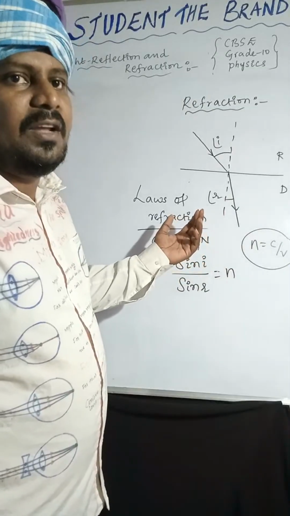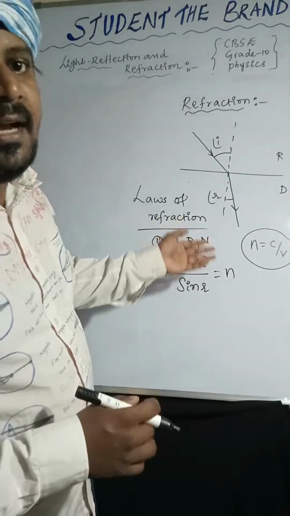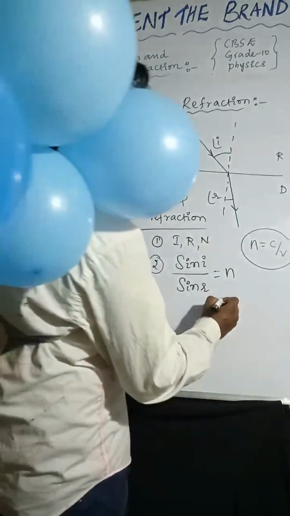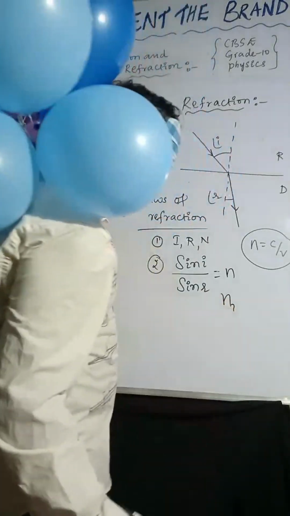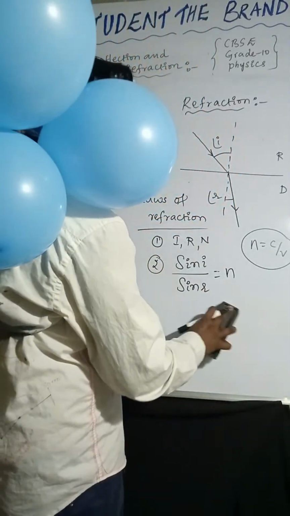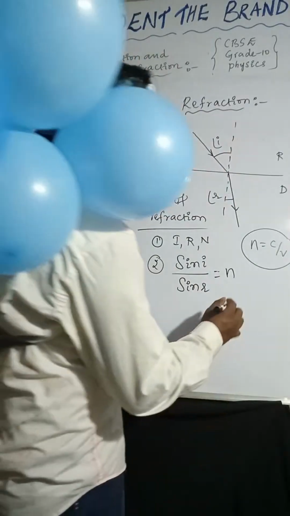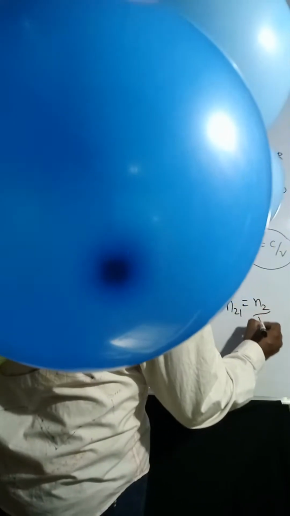Coming to the relative refractive index, that is n12. The relative refractive index n21 equals n2 by n1, which equals v1 by v2.